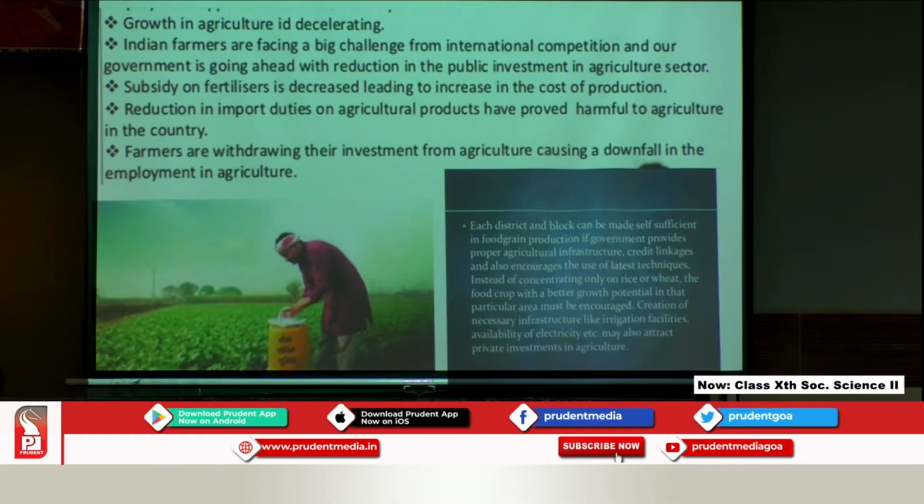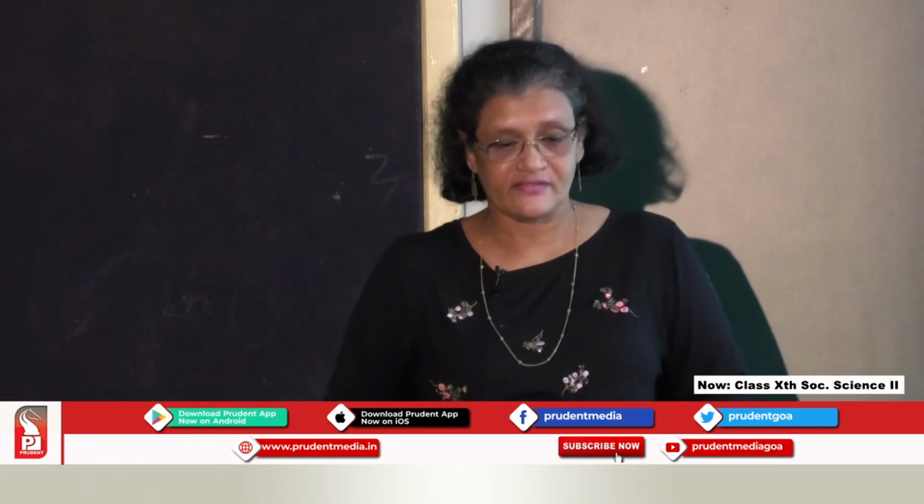Now, the government is not encouraging enough investment from the public in the agricultural sector. Therefore, if there is a shortfall of finance here, then not all the farmers benefit. If this increases, then this money can be distributed to the farmers for improving their standard of agriculture.